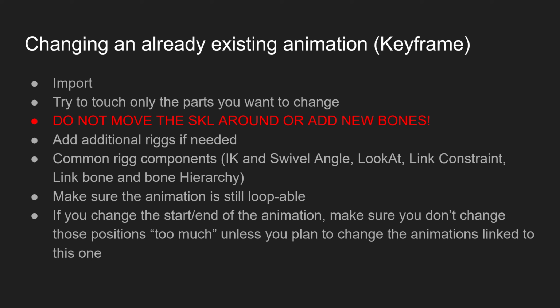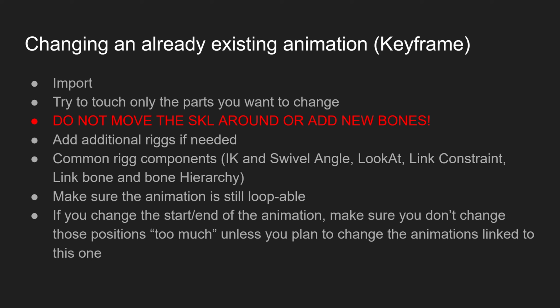What is important is do not move the bones of the skeleton around, because that will desynchronize with the other animations. And also you cannot add new bones, because at the end of the day, as I showed you, when you export, you need to actually select the skeleton that you need to use. So if you add new bones, they will not be recognized and an error will be thrown. So don't try to add new stuff.